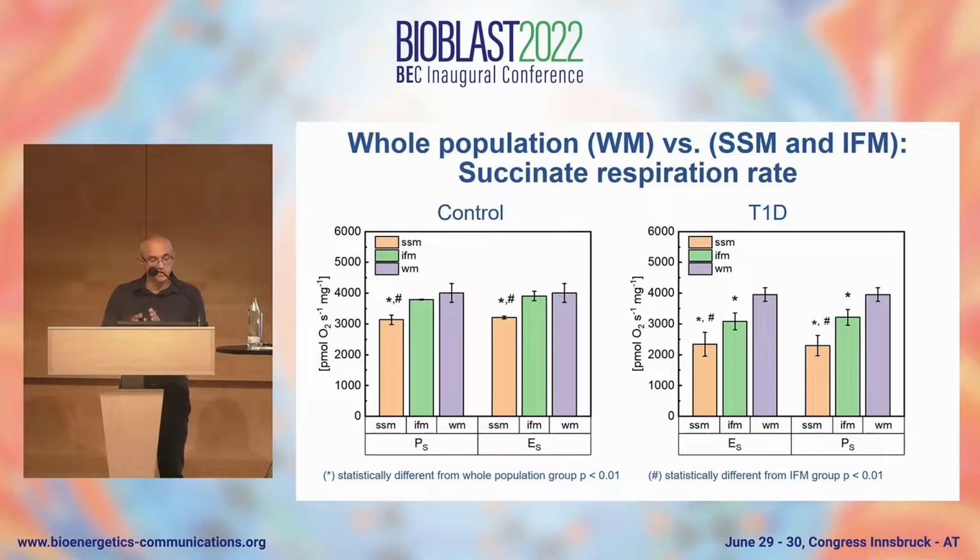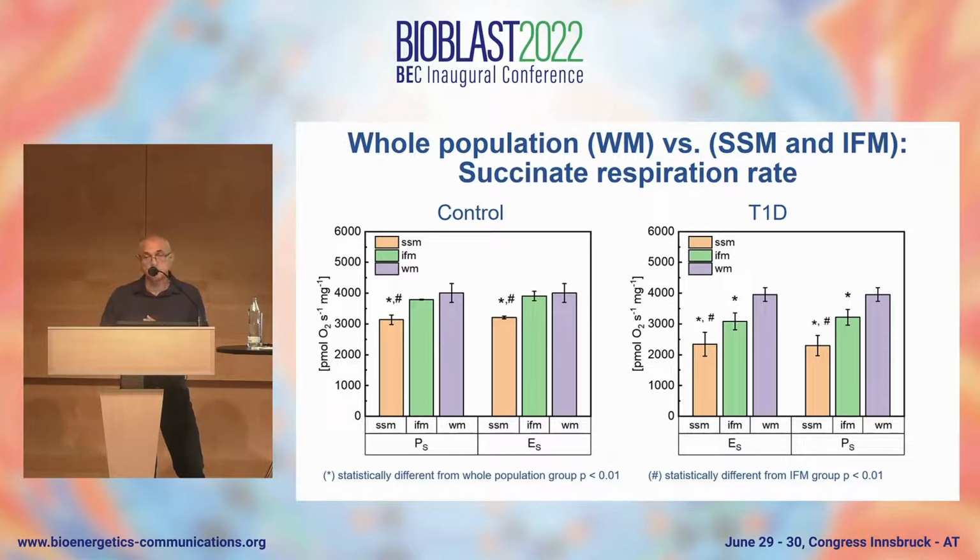The respiration rates for the subsarcolemmal, so SSM, are significantly lower than the interfibrillar mitochondria and the whole mitochondria. This has been observed for the oxidative phosphorylation capacity, and it has been confirmed also on the electron transport system capacity, indicated with the letters P and E respectively.